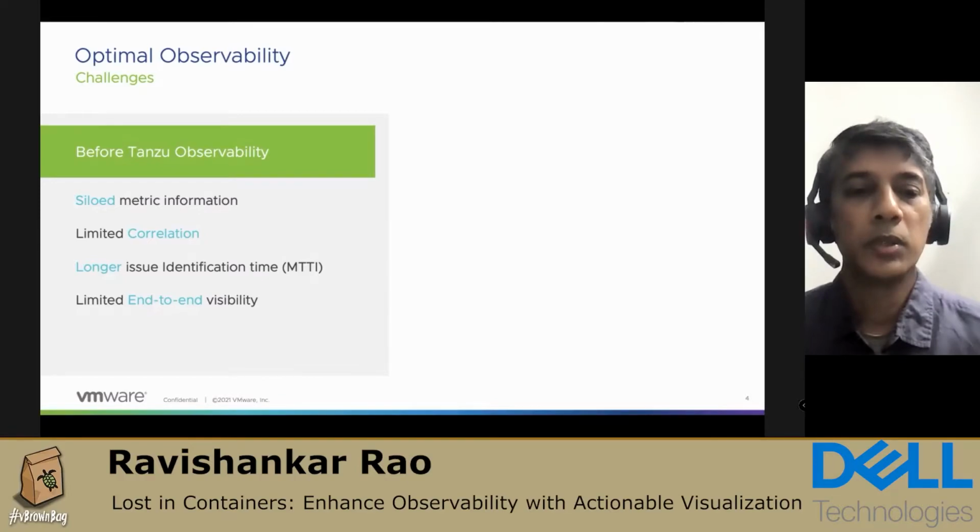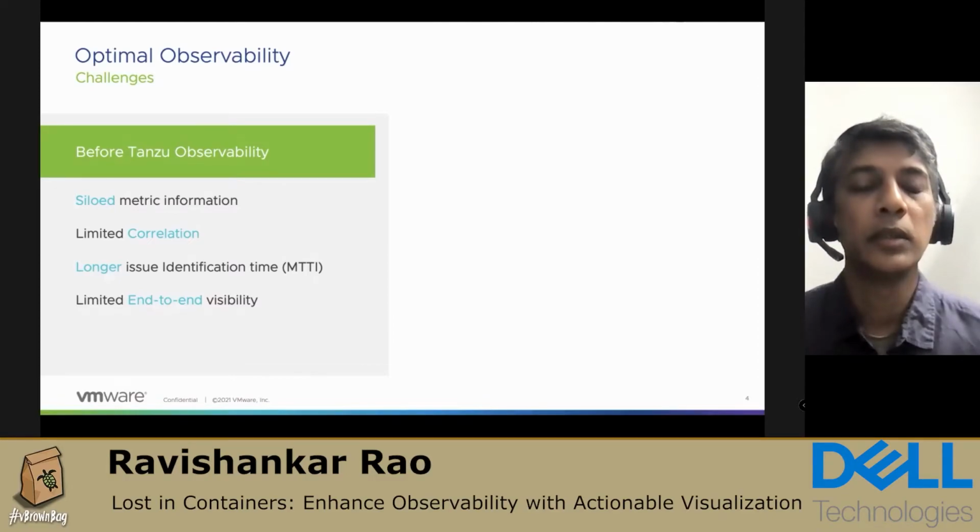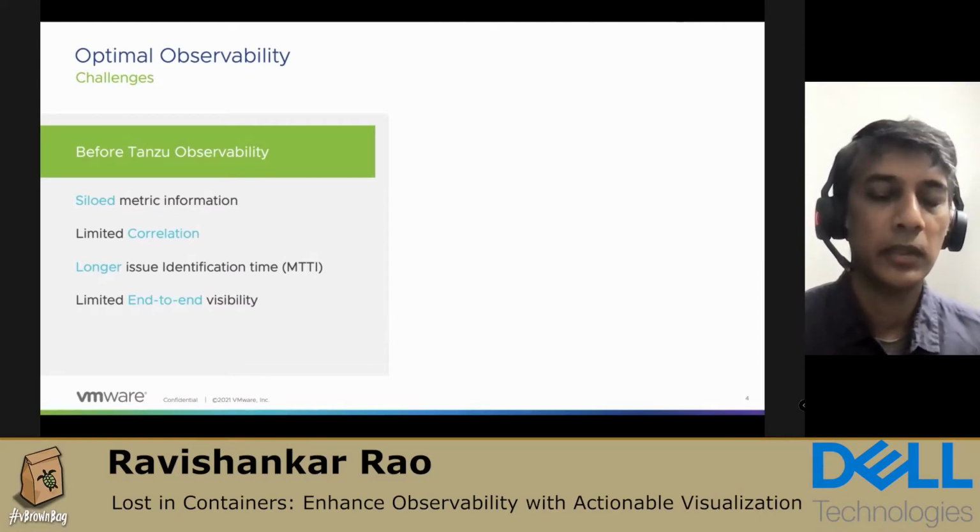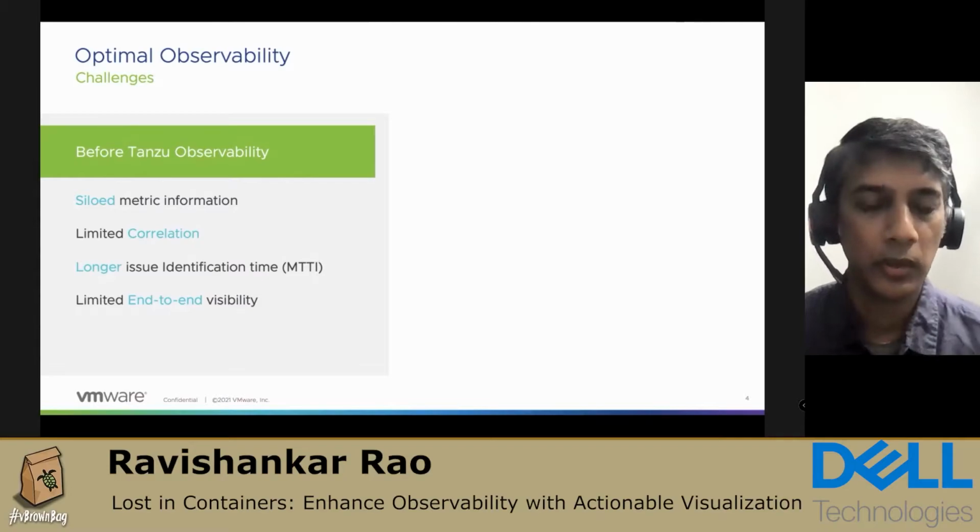When correlation becomes a challenge, and when you have to look at metrics from different tools or different locations, it takes that much longer to not just identify but even isolate an issue, and hence the longer MTTI.